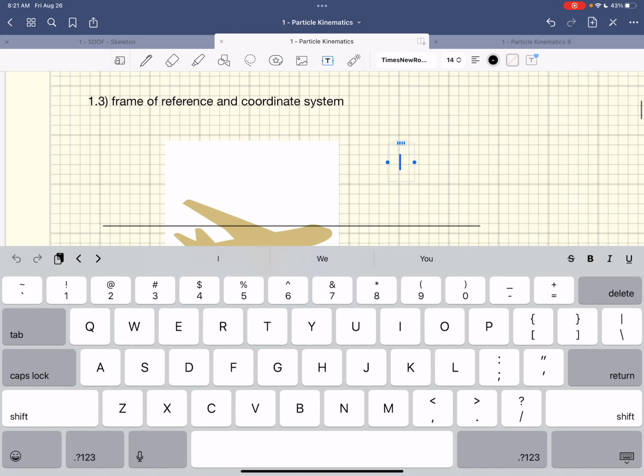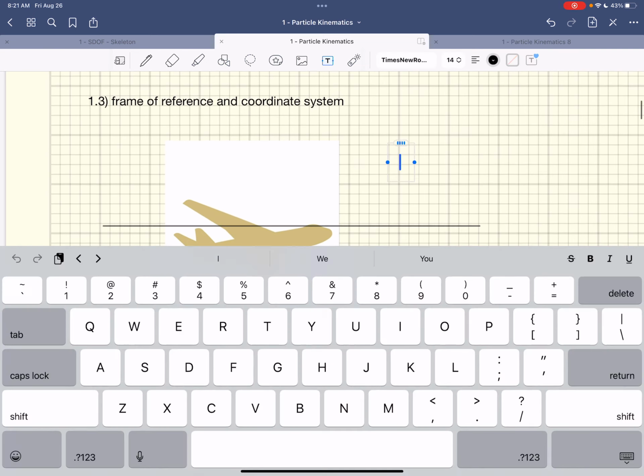It's typically what's not moving, which is hard to define. And we'll go through a little thought experiment here. What are we going to choose as a frame of reference? What are we going to make our baseline?